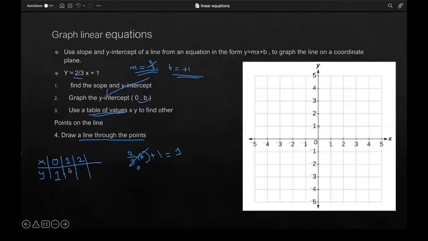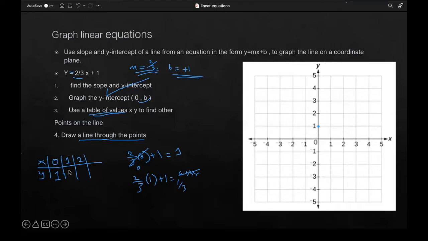Okay, next, if I have a 1, I substitute 2 over 3 times 1 instead of the x plus 1. So 2 over 3 times 1, that's 2 over 3 plus 1. You calculate that using your calculator maybe, and you get 0.3 recurring, and so on. But we can put it simply in the fraction form, and you'll get 1 over 3.